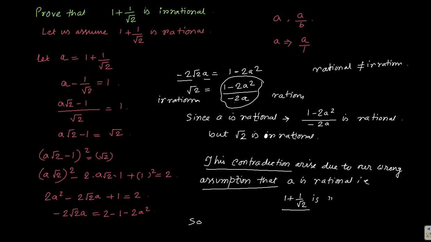So we can say that 1 plus 1 by root 2 is irrational. You got it, I think.